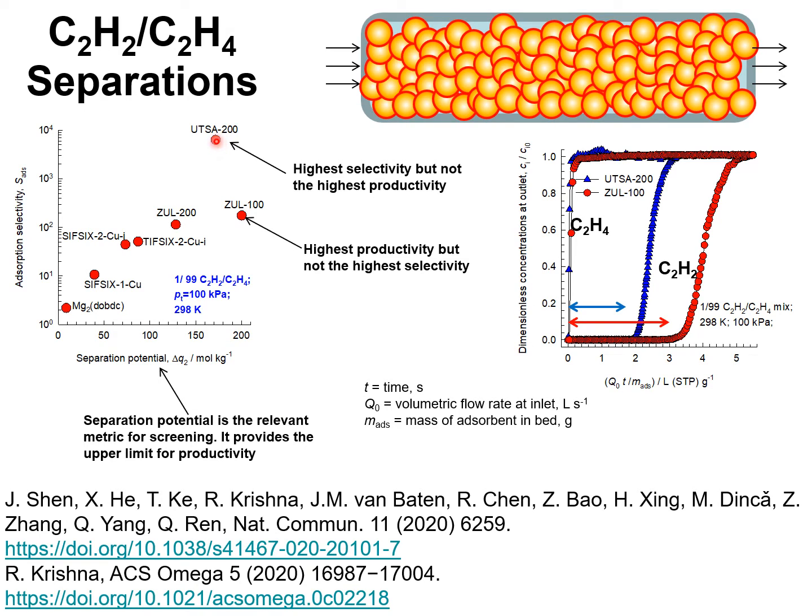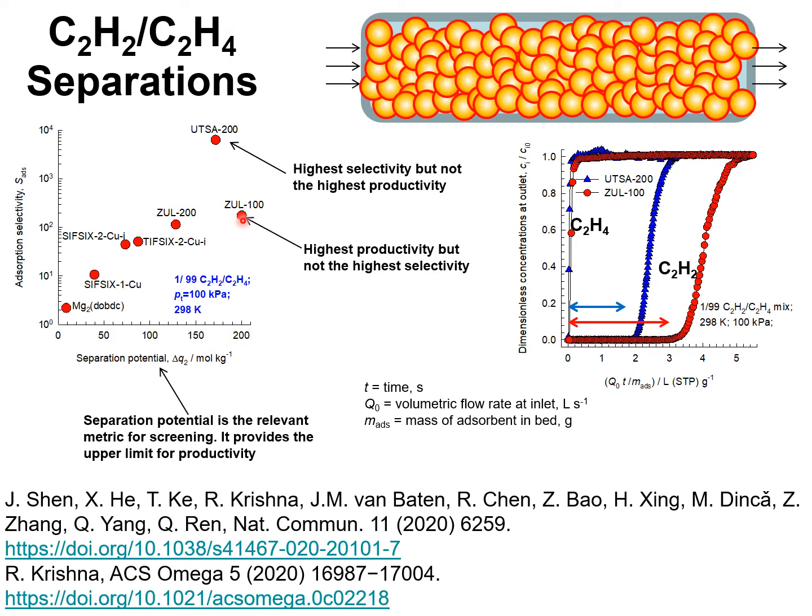Interesting to note that UTSA 200 has a selectivity about 2 orders of magnitude higher than the other MOFs, but it does not have the highest separation potential. The highest separation potential, delta Q2, is obtained with the use of ZUL100.